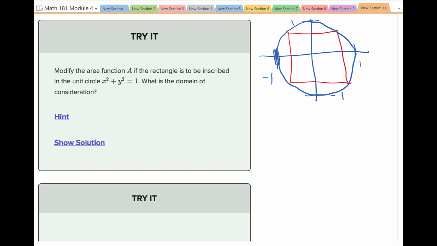Okay, joking. So the domain here for x, the biggest it can be, is 0 to 1. Obviously it won't be that big. So once again, area is 2x times 2y.